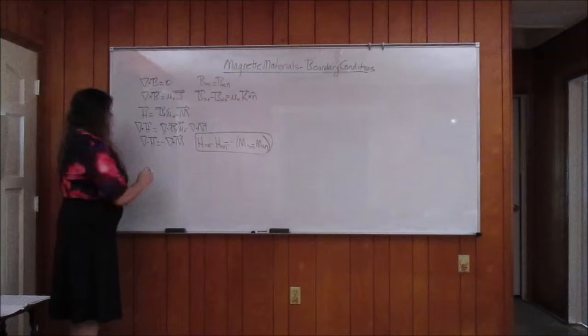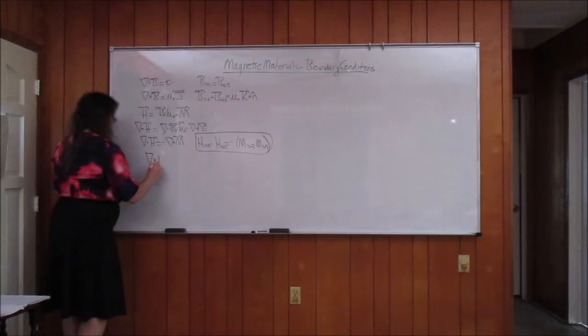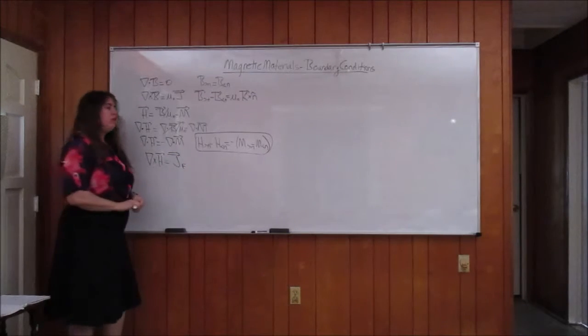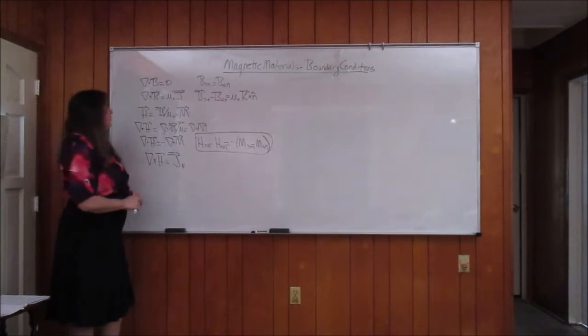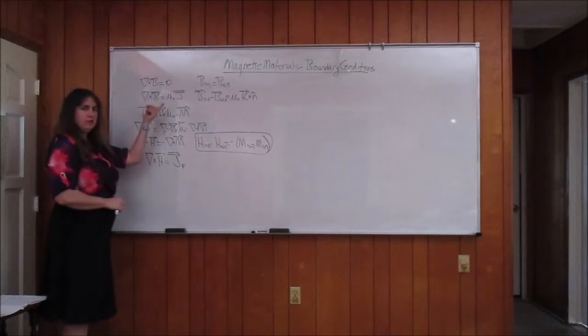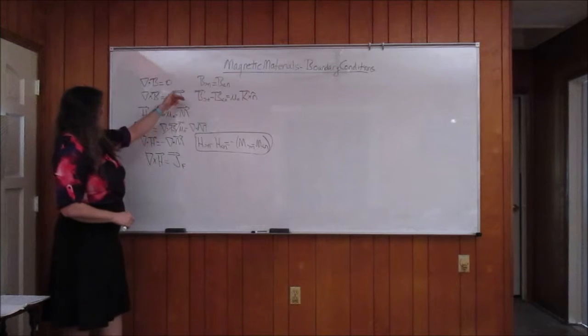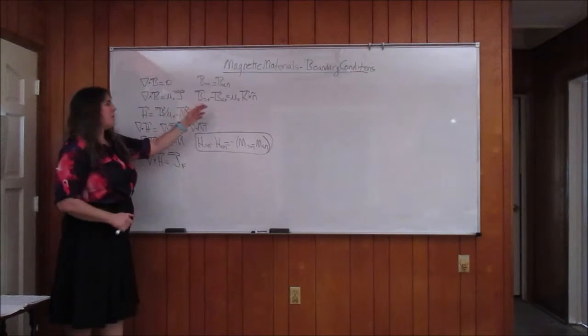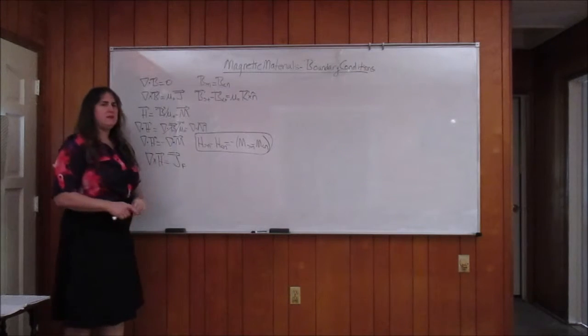Let's consider, what about the curl of H now? Curl of H is just equal to the free current density. If I compare this expression with this curl, I can basically write down automatically the boundary condition in the tangential direction.